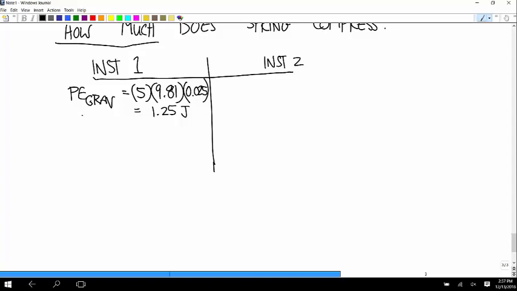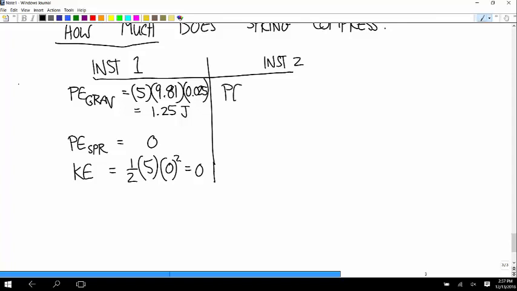Okay, and then what's the spring potential energy at instant 1? And the kinetic energy, that's 1/2 times the mass times the speed squared. What's the speed? 0. So anytime something's at rest, there's no kinetic energy. And then at instant 2, what's the gravitational potential energy?